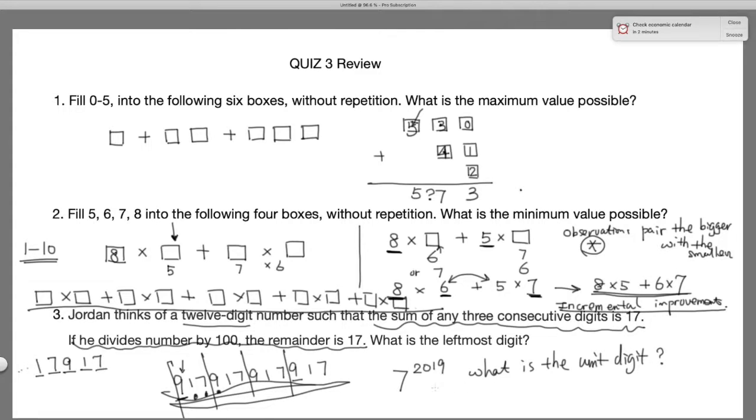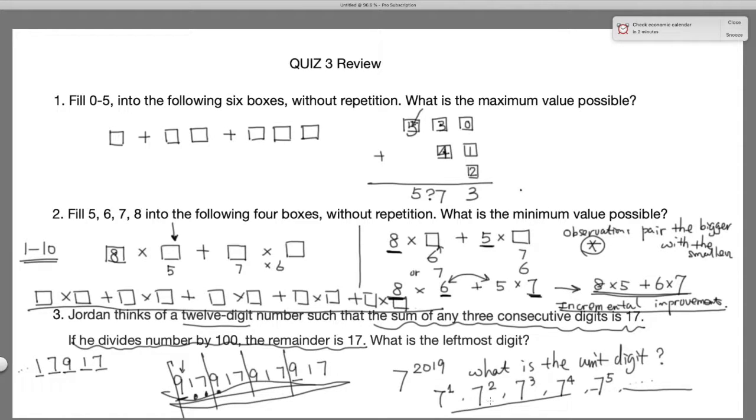For that kind of question, you just write down the unit digit for 7 to the power 1, 7 to the power 2, 7 to the power 3, 7 to the power 4, 7 to the power 5, and so on. And then you realize there's a pattern of this unit digit in accordance with the exponent.